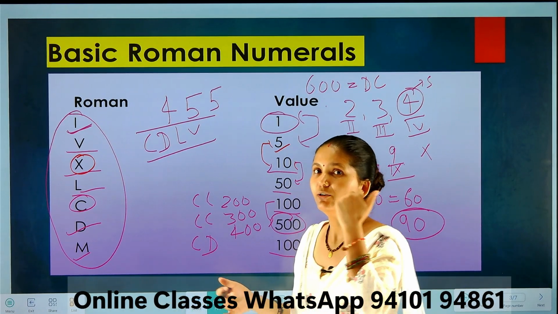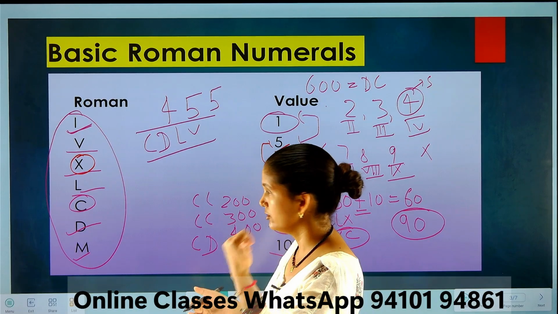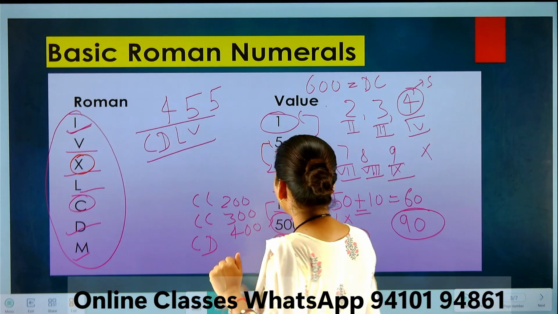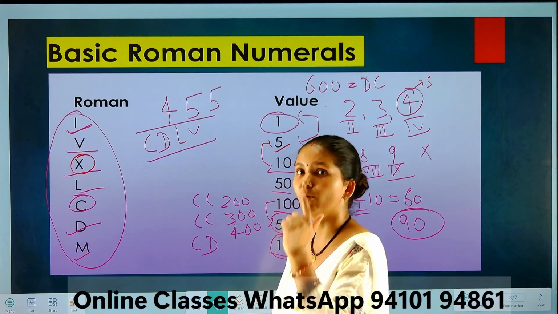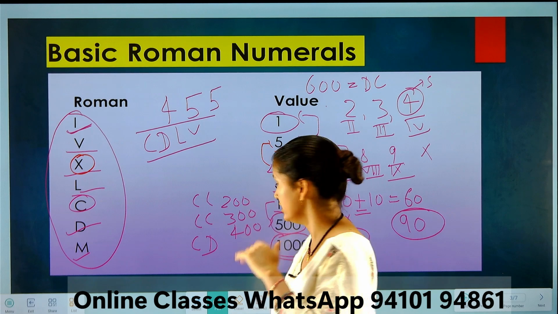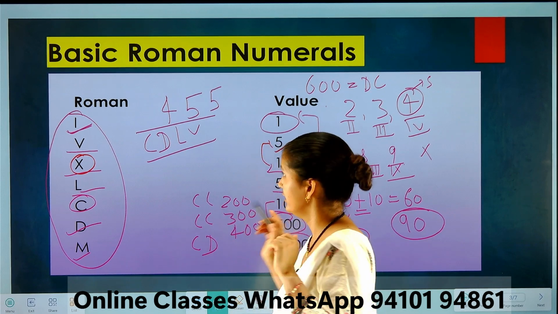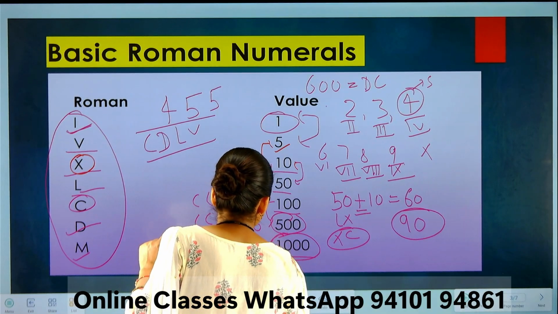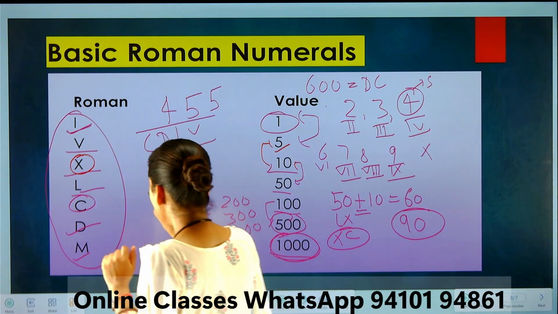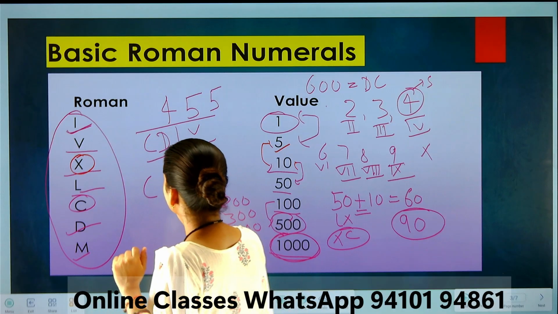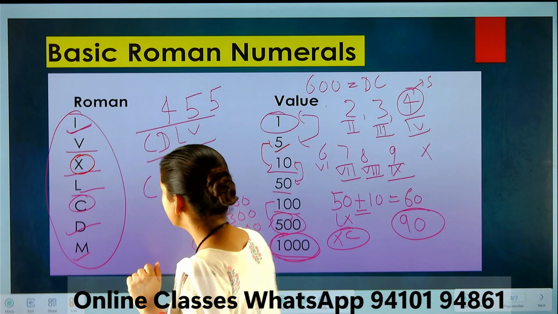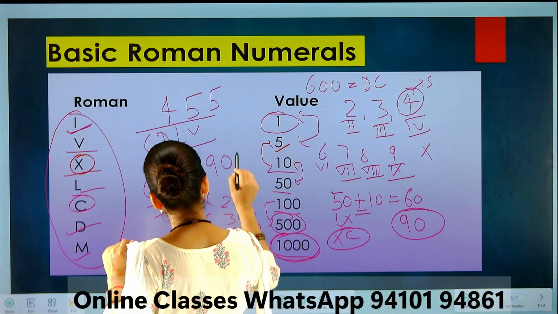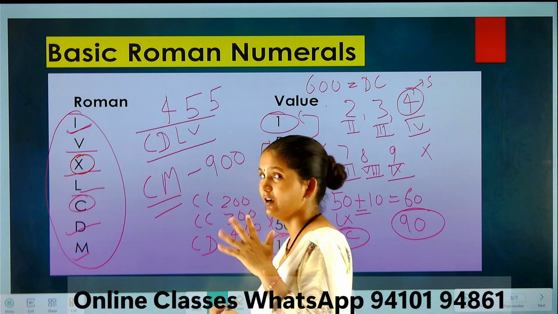For 900, we will use the subtraction rule again. Got it? You know that when we subtract 100 from 1000, we get 900. 100 is C and 1000 is M. CM is 900.